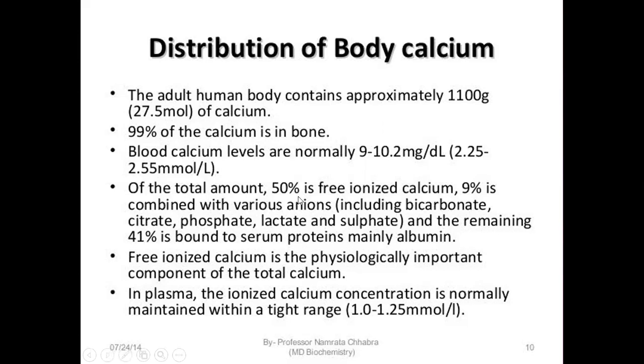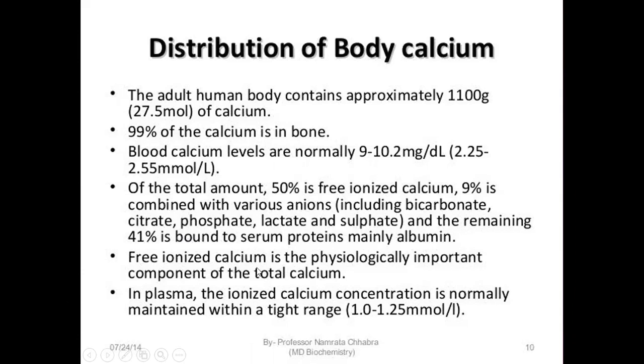Of the total amount, 50% is free ionized calcium and 9% is combined with various ions: carbonate, bicarbonate, citrate, phosphate, lactate, sulfate and so on. The remaining 41% is bound to serum proteins, mainly albumin.